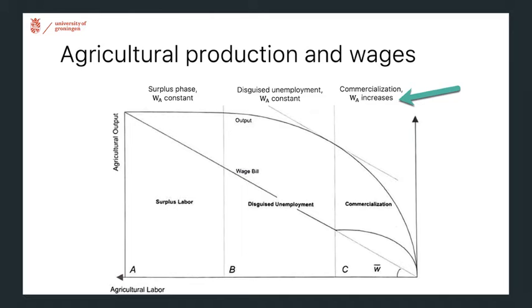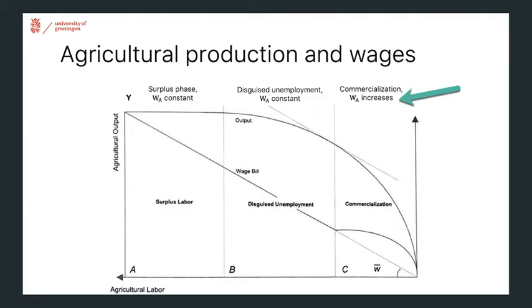First of all, it's important to look at the diagonal line drawn through, well, mostly the diagonal line with a W bar at the bottom. So what's this W bar? Well, first of all, we have the agricultural output.